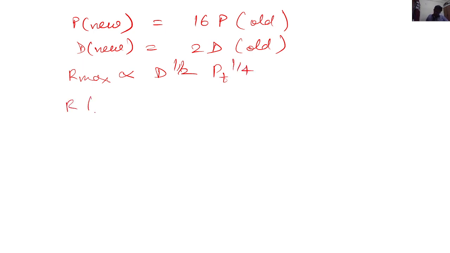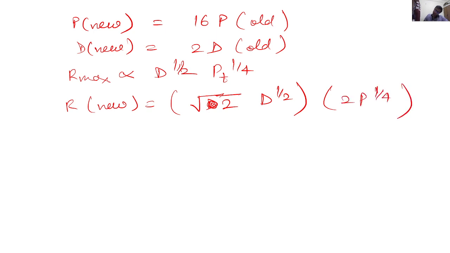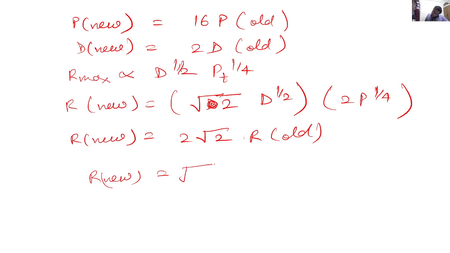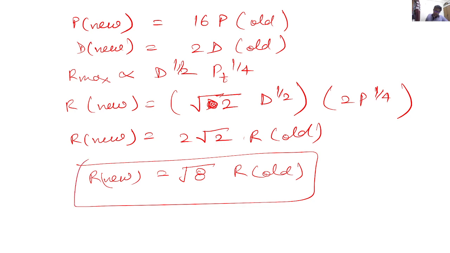So R new would be square root of 2D to the power 1 by 2, times 16 p to the power 1 by 4, so R new is equal to 2 root 2 R old. So R new is basically square root 8 times R old. Okay, that is what we get.